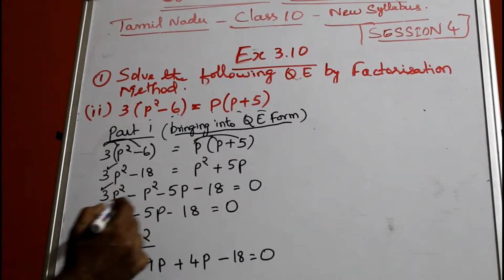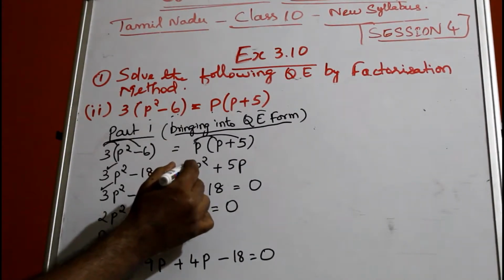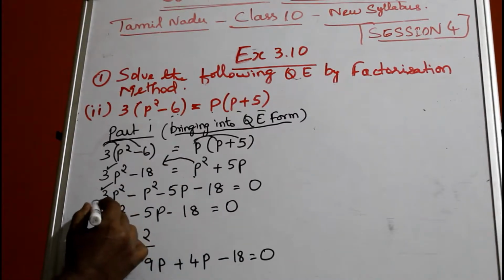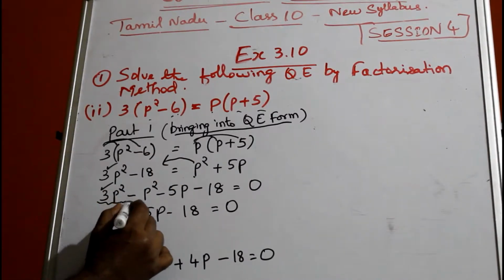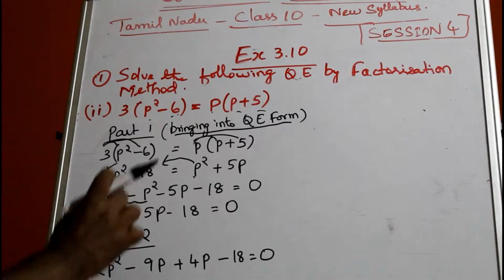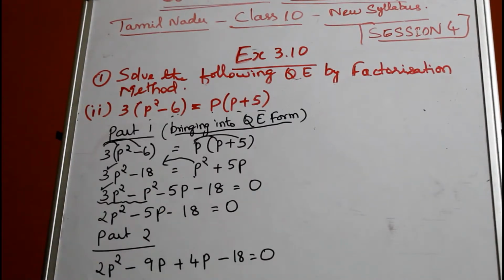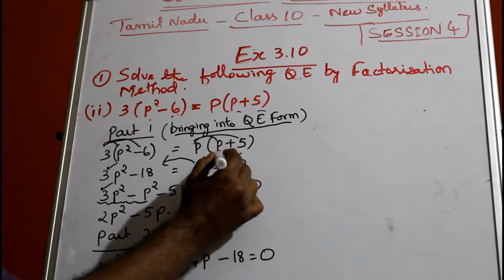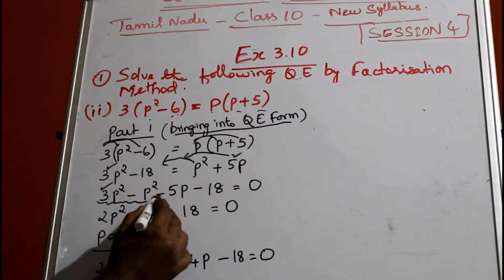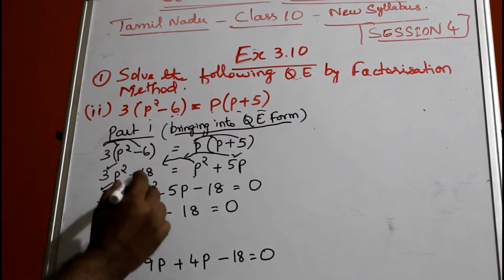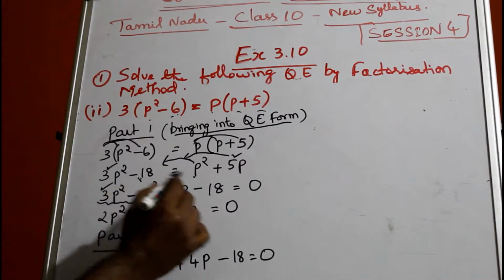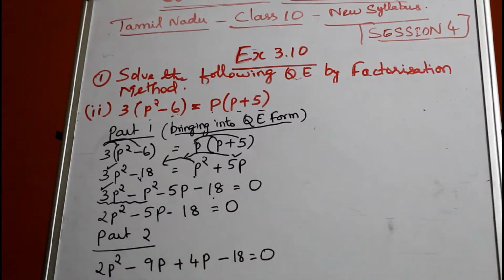So write that as it is. This p square is in the right hand side, bring it this side. So it will become minus p square. See, 3p square minus p square. After p square you must have the p term. So that is in the right hand side, that also you must bring it this side. So it will become minus 5p. And this minus 18 is in the correct side, left hand side, write as it is, put equal to 0.